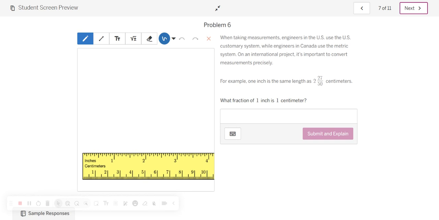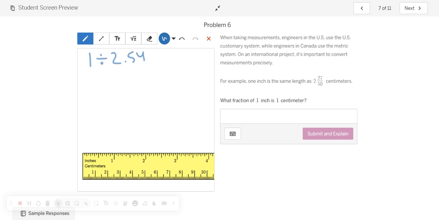What fraction of 1 inch is 1 centimeter? And so it's so much easier to just do 1 divided by 2.54, like on a calculator, even long division would be easier.